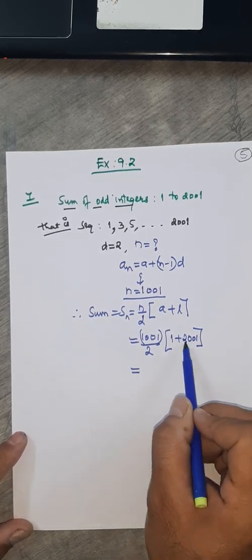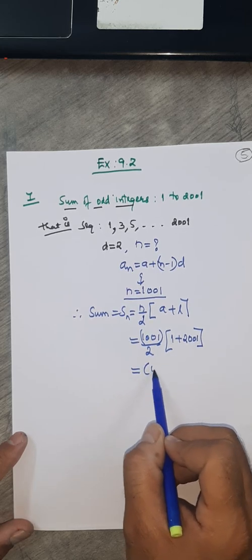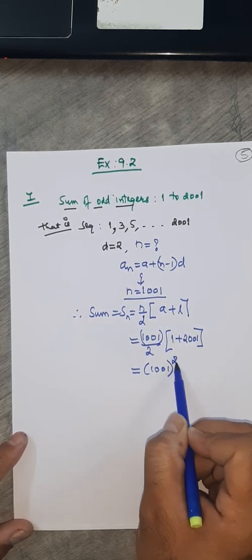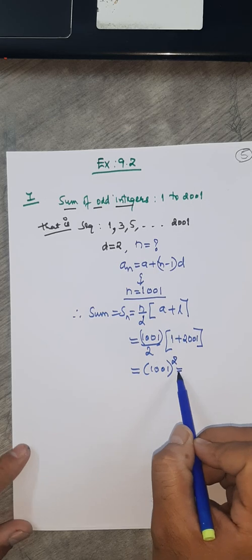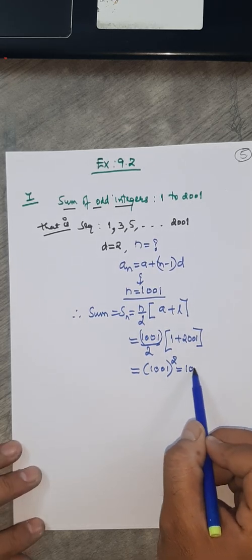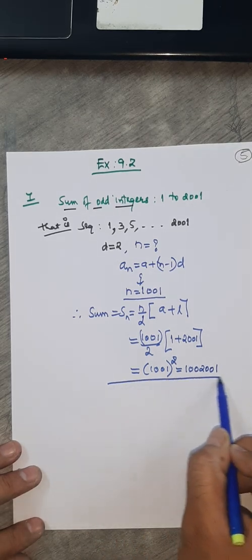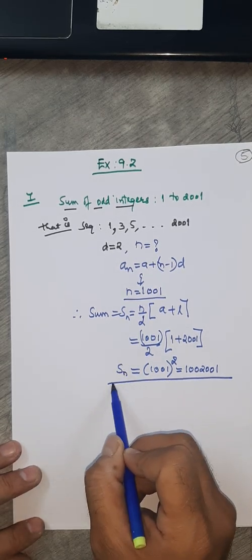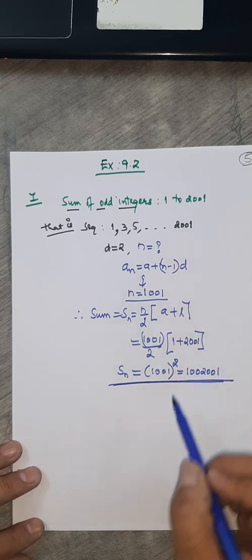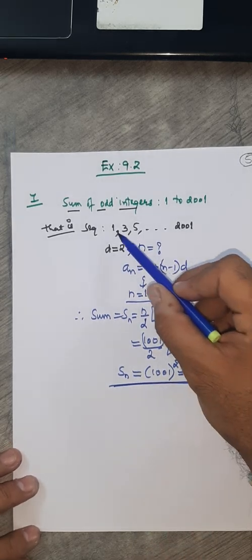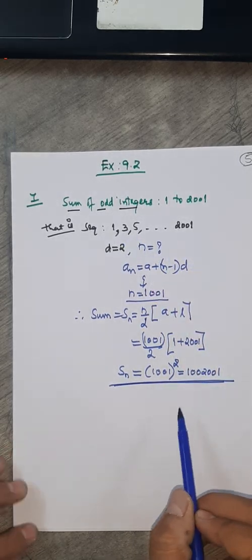So this is 2002 by 2, and we'll get 1001 whole square finally after the simplification. Square it, and we'll get this much finally. That is the summation of the given sequence of odd numbers from 1 to 2001.